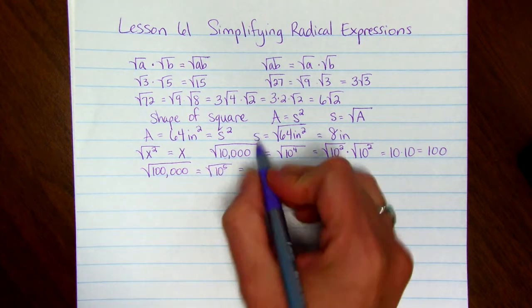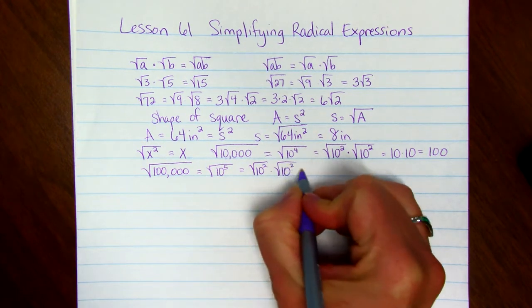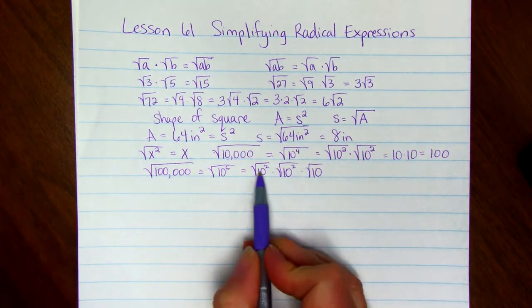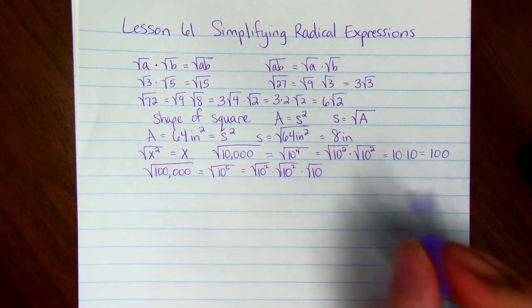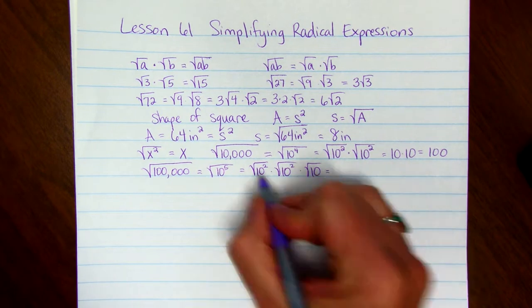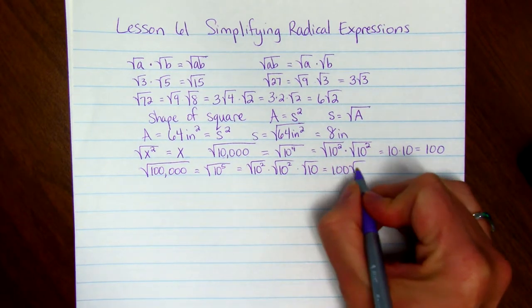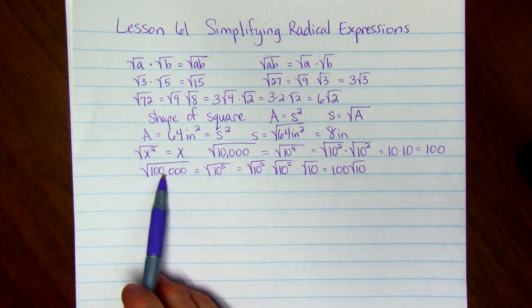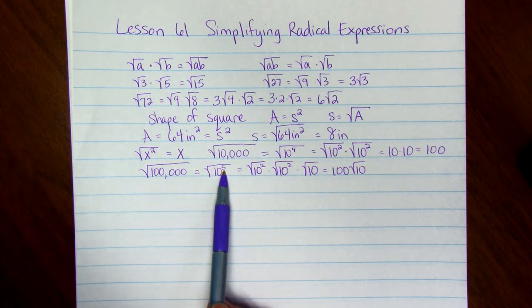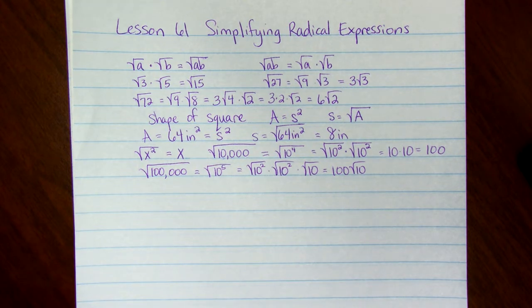Now we can take out the evens: square root of 10 squared times square root of 10 squared times the square root of 10. The square root of 10 squared is just 10, the square root of 10 squared is 10, 10 times 10, 100 root 10. So if you have an odd exponent, you take half of one less, so you take half of 4, which is 10 squared, and that's 100, and then you leave one of the 10s on the inside.